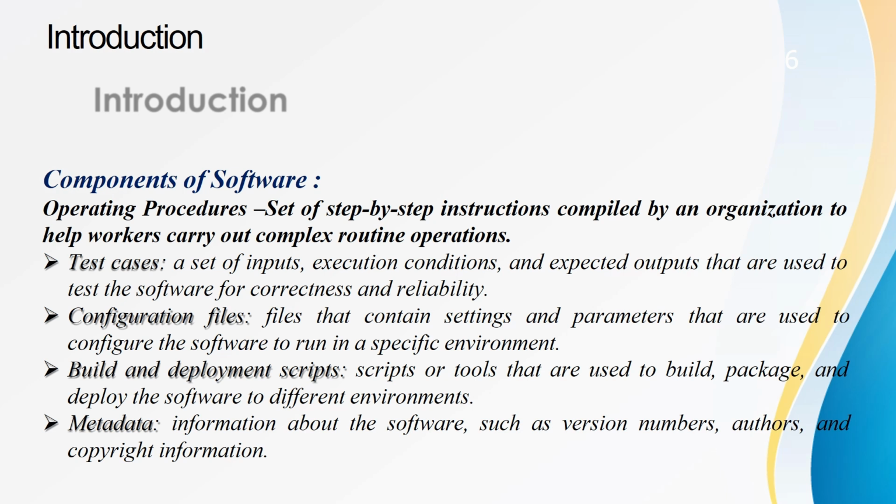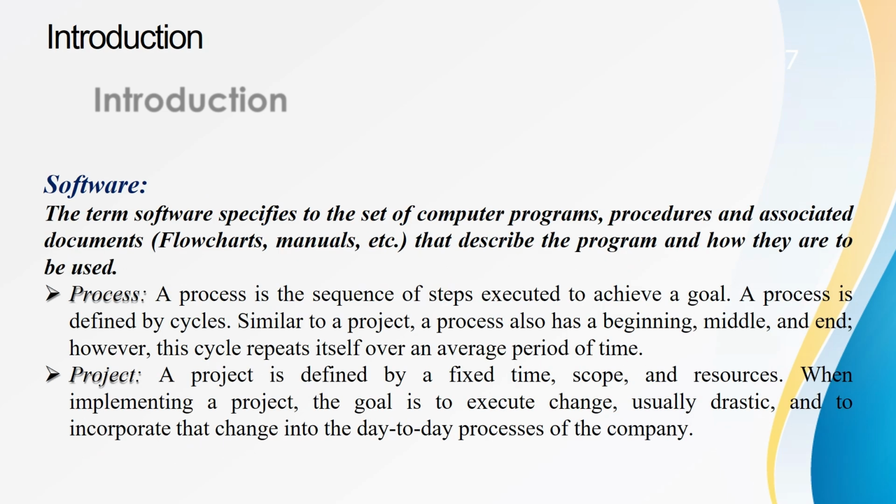What is software? It specifies the set of computer programs and procedures, which can be associated with various documents like flowcharts and manuals, which describe the programs and how they are going to be used. That is called software. In software, we represent two aspects: one is process, and the other is project.